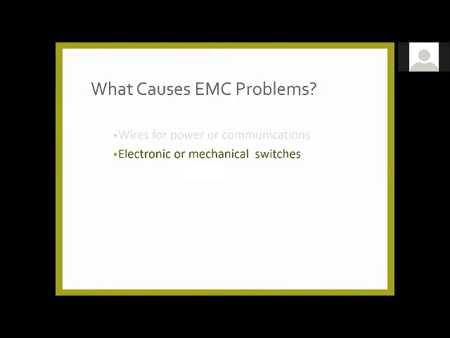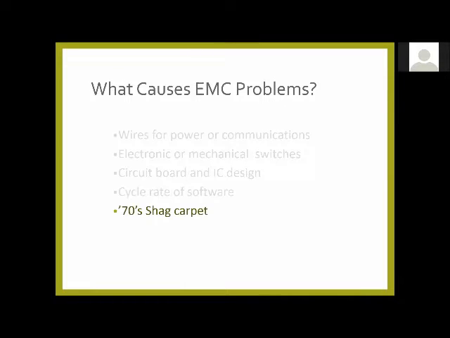Electronic and mechanical switches, oh, the arc, the direct delta, that'll get you. Circuit board, IC design. Every time you see a loop, you think antenna. Cycle rate of software. You can actually find out what people are doing just by looking at the software. And let us not forget 70s shag carpet.